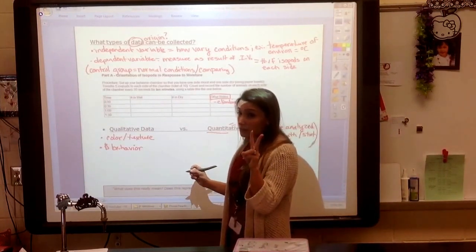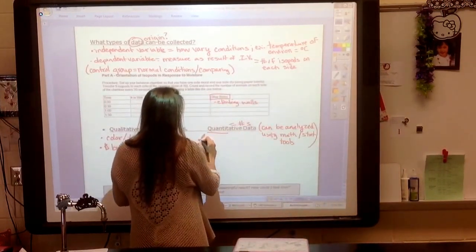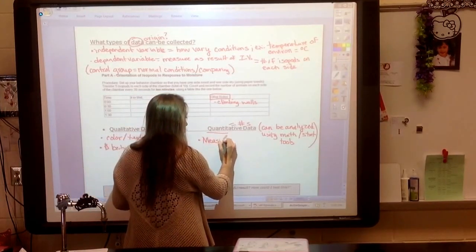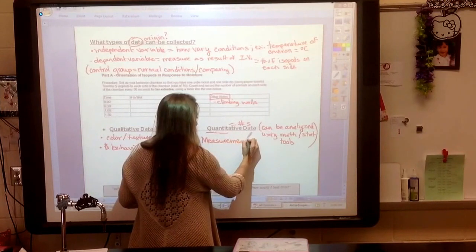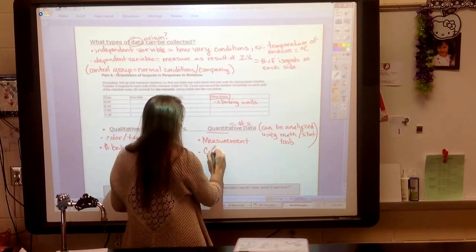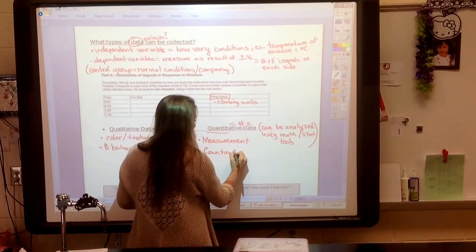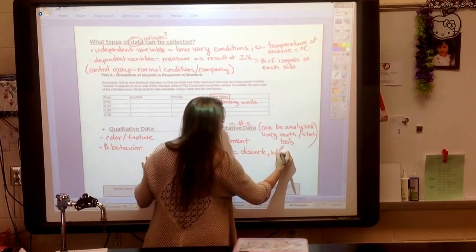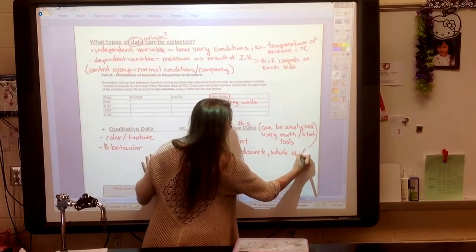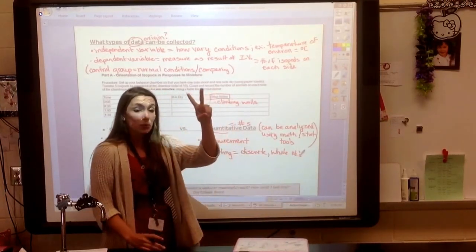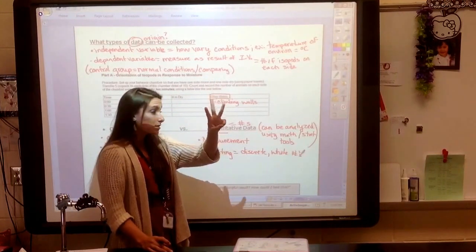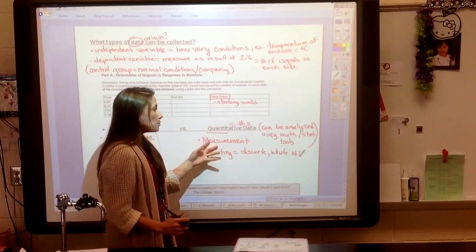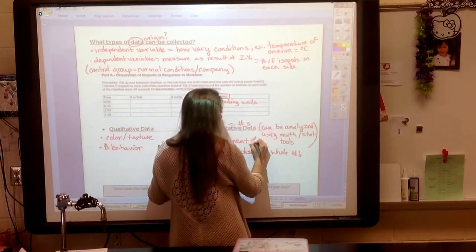Quantitative data actually comes in two forms. The first is what is known as measurement data. And the second is known as counting. In counting, you have discrete numbers, like whole numbers. So 1 isopod, 2 isopods, 3 isopods. That's it. We have a discrete number, and that's more counting. Measurement is where it's going to be more continuous.